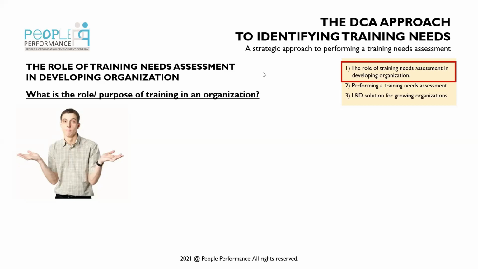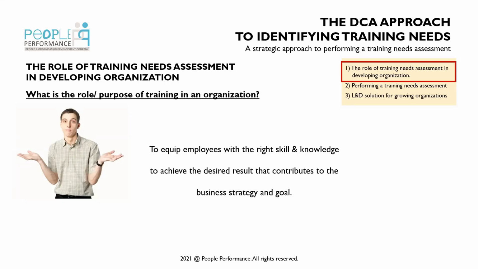So we did training needs assessment. But before we can even talk about training needs assessment, we are going to need to understand the role of training. Most of the time when we talk about training, the common answer is either we want to provide the right skills to the staff for performance, or we want to train the staff because it's good. Now, if you look at this statement, the keyword here is right skill. The question is, what is the right skill?